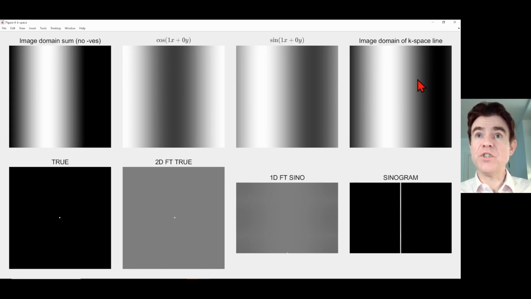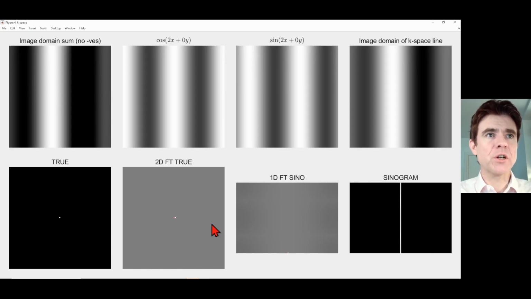I'm doing, if you like, the inverse Fourier transform of those 2 points in k-space, and I end up with a flat offset plus a cos and a sine added together, and you end up with a slight phase shift in the overall Fourier synthesis, the summation of those two spatial frequencies. ky is equal to 0, kx is equal to 1. And then here I'm showing the same but with no negatives, because what I'll be doing here is building up the overall Fourier synthesis, the overall inverse Fourier transform. Here I'll just be showing the inverse Fourier transform of any given line that I'm considering. Let's move on to make this clearer as we go.